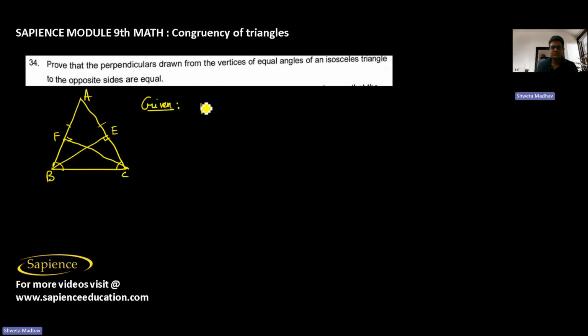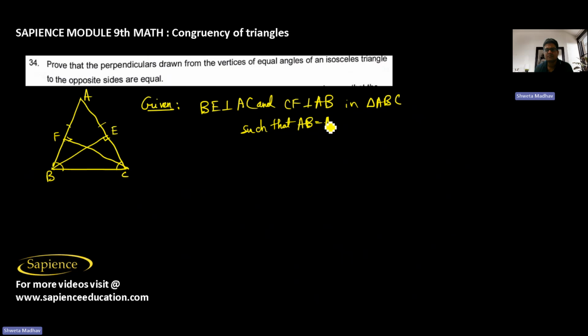So it is given that BE is perpendicular to AC and CF is perpendicular to AB in triangle ABC, such that AB equal to AC, and so I can also say angle B equal to angle C. Or simply I can say angle B equal to angle C, it has been told.